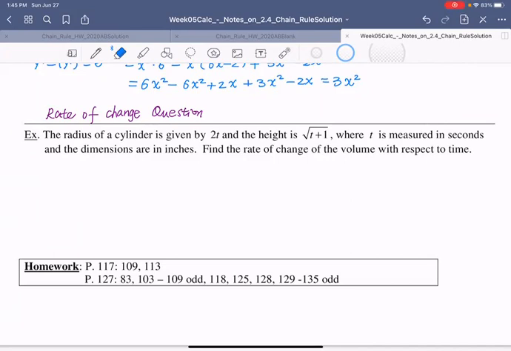Angela. Let's do this together. The radius is 2t. The height is this. Cylinder. What's the volume for a cylinder? It's pi r squared h.